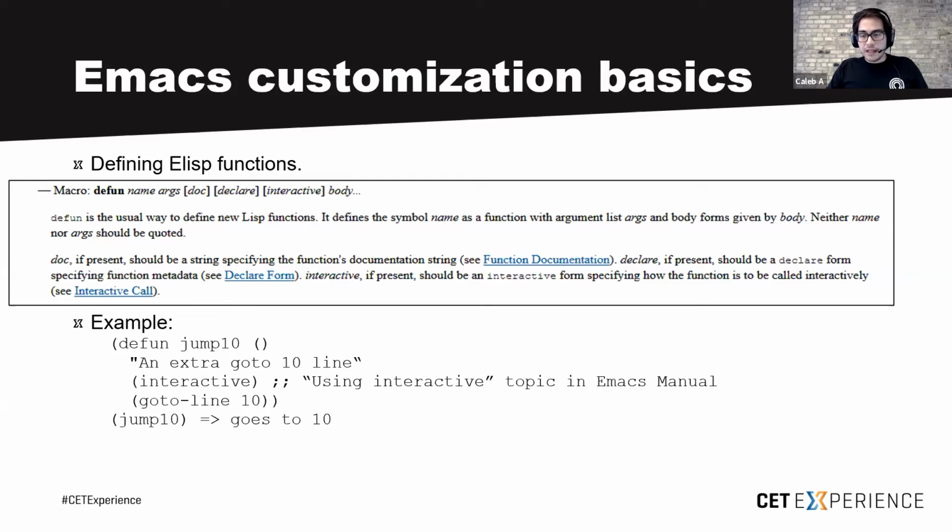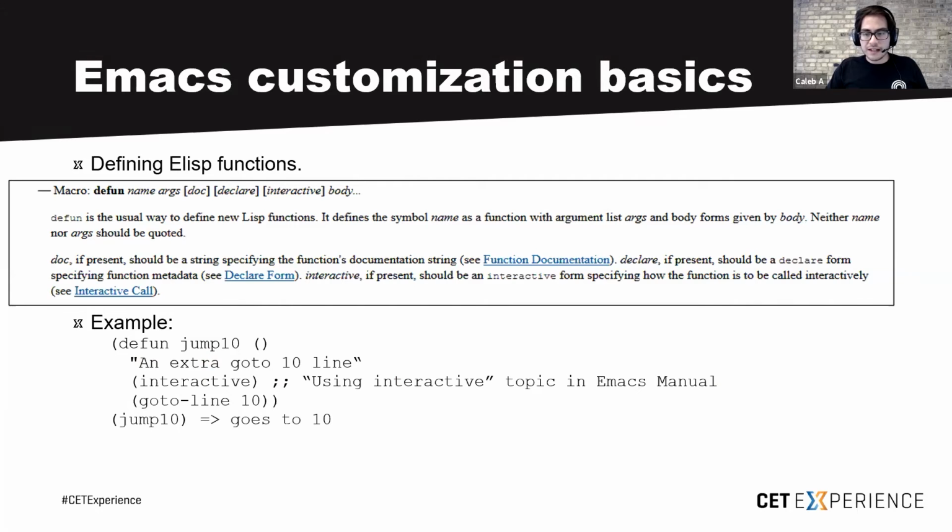And if you intend to ever invoke your function through the minibuffer with M-x, interactive must be used. Otherwise, it will not be recognized as a user interactive function and only callable through other eLisp functions. You'll see that right here.